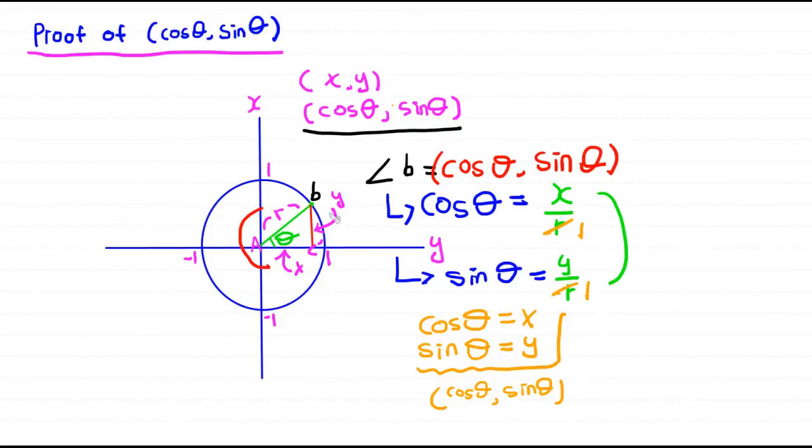And this was the proof of cosine and sine theta in the trigonometric function, using this unit circle and the right triangle. And we're done.